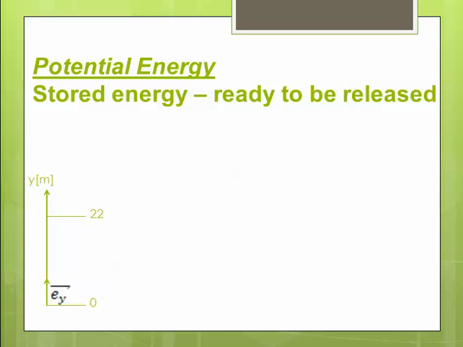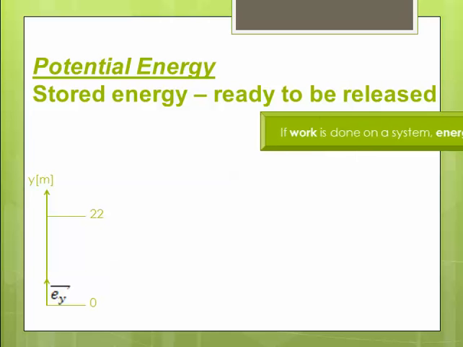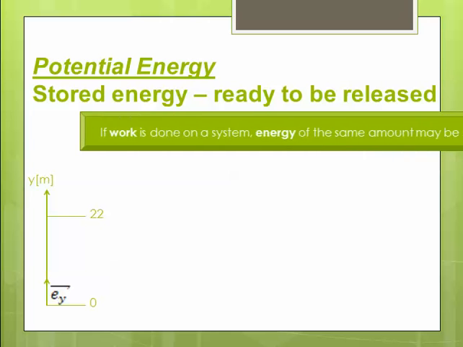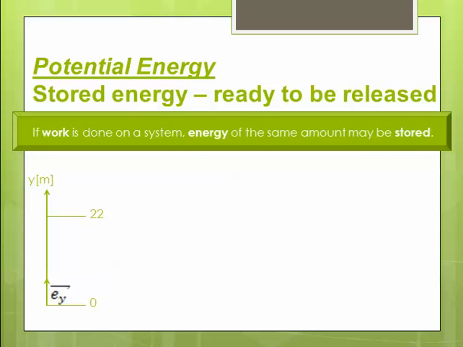How do we store energy? Well, by doing work on a system, we may be able to store energy. If work is done on a system, energy of the same amount may be stored.